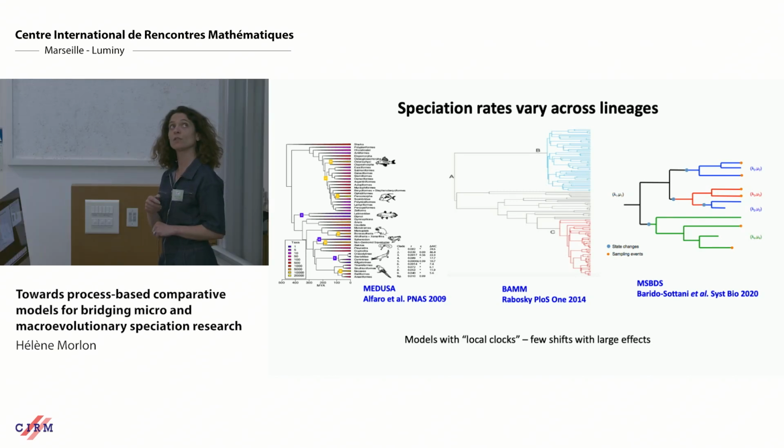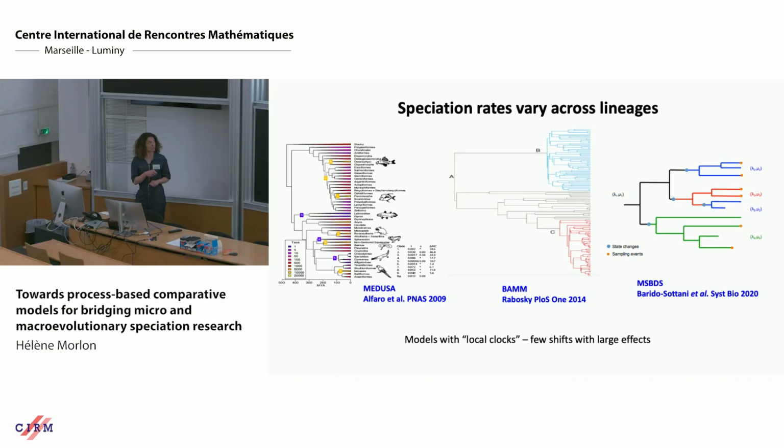Here, different diversification rates are represented by different colors. So these models have been properly developed, and we are now able to fit models with such local clocks, representing a shared speciation and extinction rate across a monophyletic group of species.